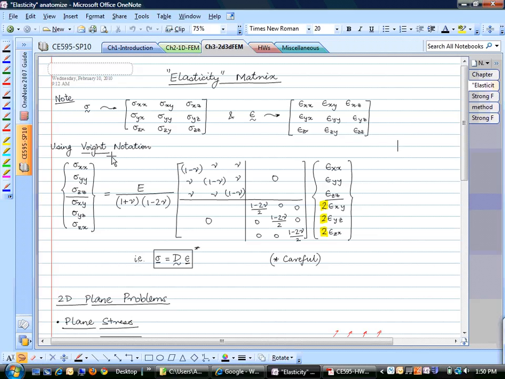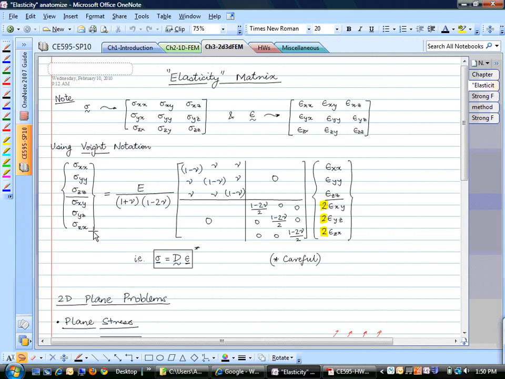This notation is called the Voigt notation, where all that we are doing is taking the diagonal terms, those are the first 3 terms in this quote-unquote vector, and taking these 3 off-diagonal terms and expressing them here.